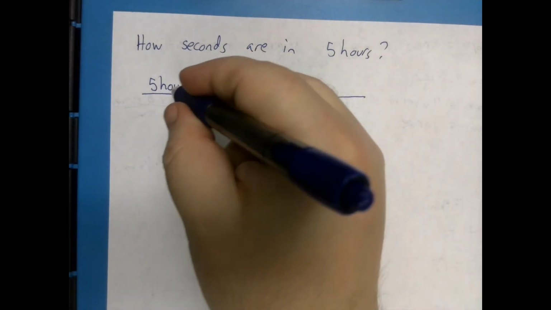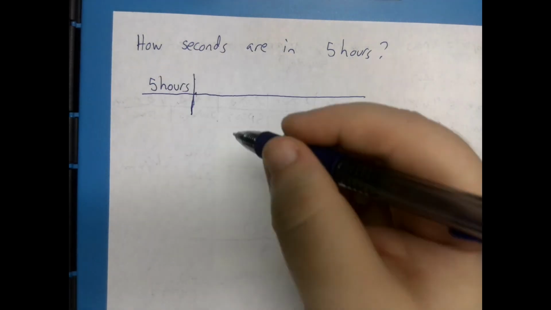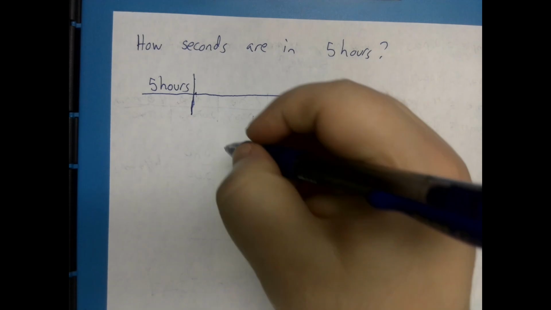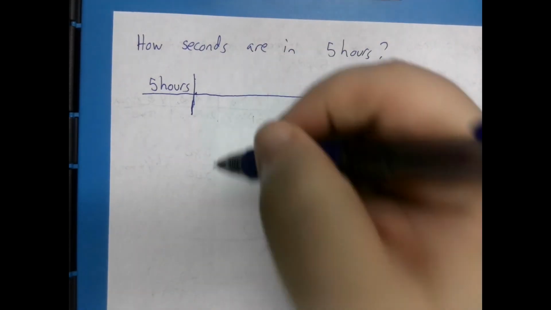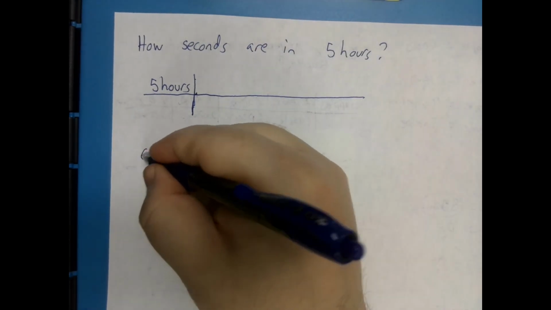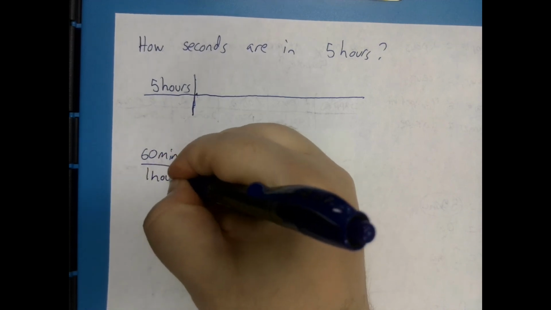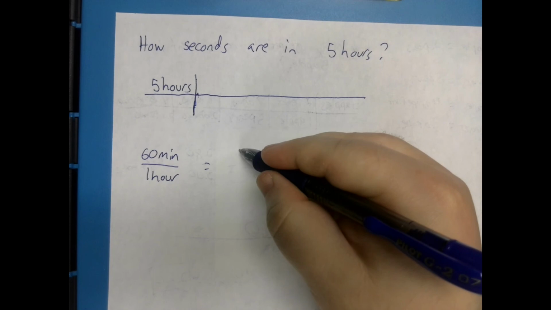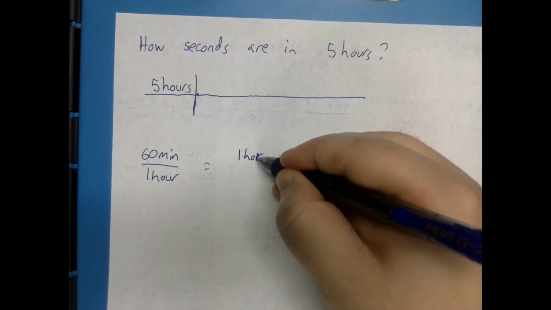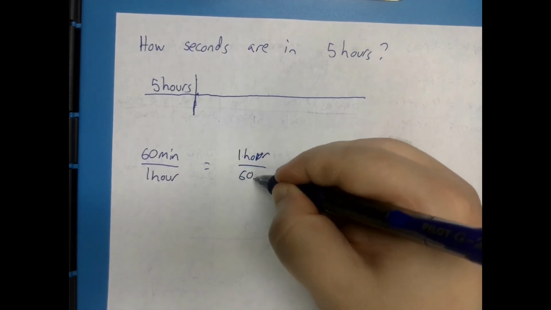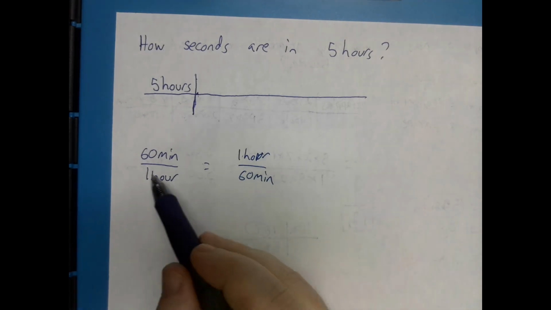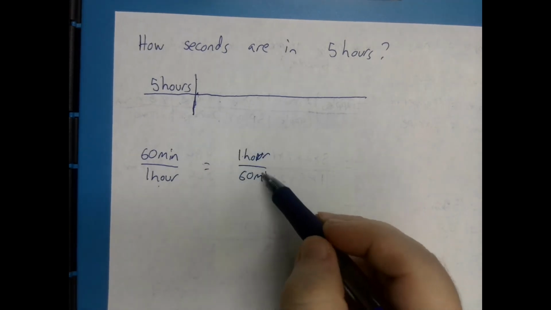So, best deal here is to go to minutes. How many minutes are in an hour? So we can either do 60 minutes per 1 hour, or we can do 1 hour per 60 minutes.